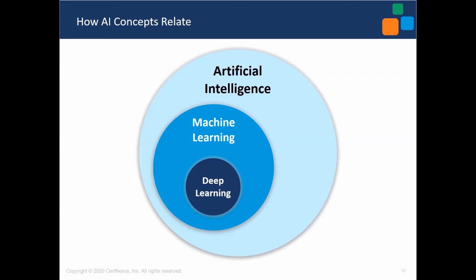So again, artificial intelligence, that umbrella term, machine learning, the most common practice of artificial intelligence today. Again, we'll take another look at that. And then deep learning, which again is for more complex use. There are some additional AI disciplines as well, and we'll touch on them a little bit, such as natural language processing and computer vision, et cetera.